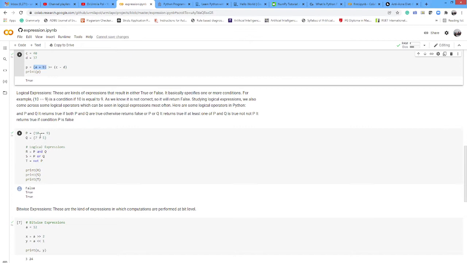P is 10 equal to 9 and Q is 7 greater than 5, it is false and it is true. Therefore, in logical expressions P and Q, if both are true, then it gives a true result, otherwise it gives a false result.